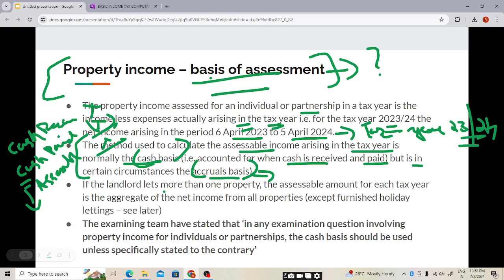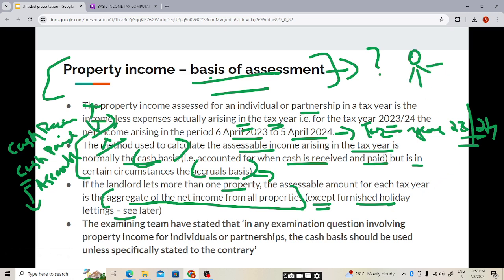If a landlord lets more than one property, the assessable amount for each tax year is the aggregate of the net income for all properties, except furnished holiday lettings. What this point says is that if I am a landlord in the UK with 2 to 3 properties, then when I do my income tax calculation I need to aggregate the property income of all the properties together to get my net income.